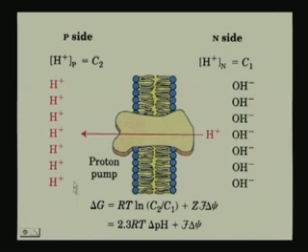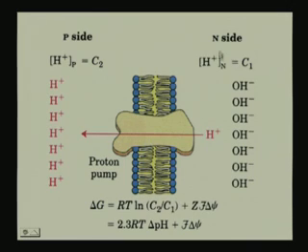This is where a higher concentration of protons exists, but we require an even greater amount of protons for ATP to be produced. So, protons have to be pumped from this to that side. Okay? That is essentially what is happening.